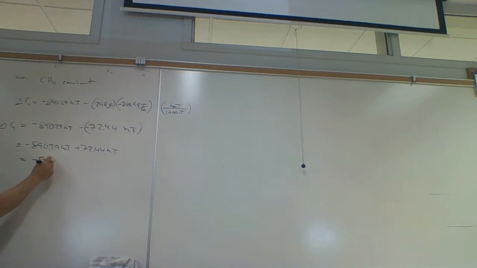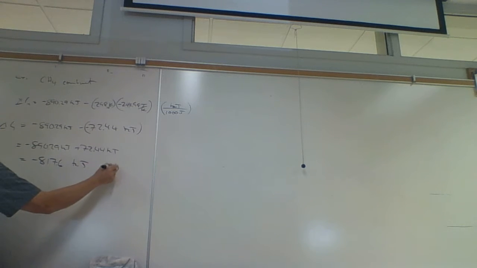Actually, I screwed up my calculation, but does somebody have it? Minus 817.5 or 0.6? Just do 0.6 kilojoules. And so this is less than 0, so it's spontaneous.